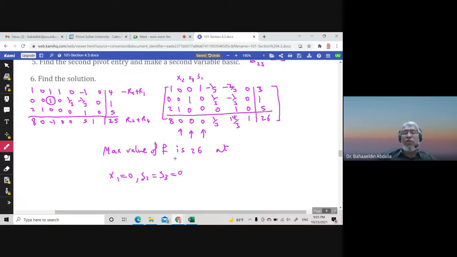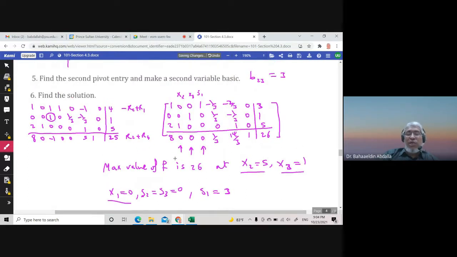Then x2 would be equal to 5, x3 is equal to 1, and s1 is equal to 3. So that's the answer. x1 is 0, x2 is 5, x3 is 1.